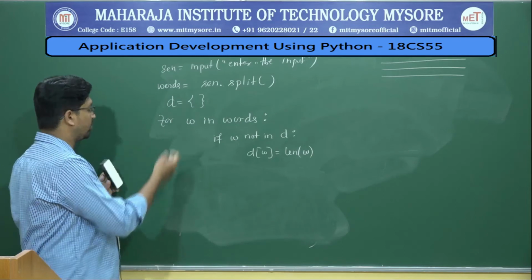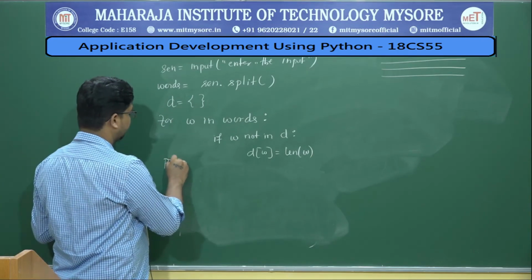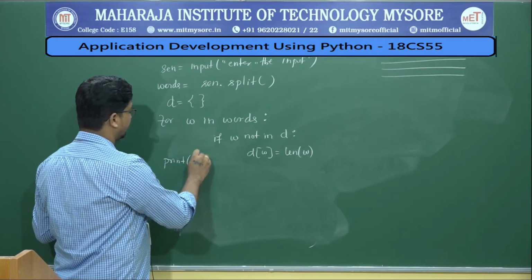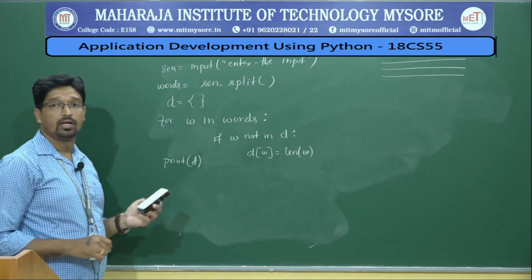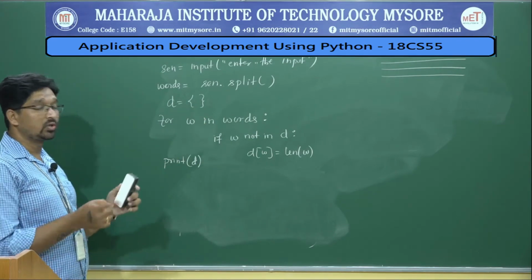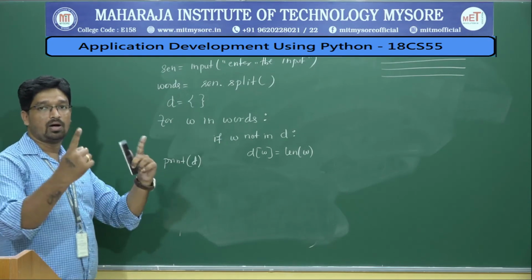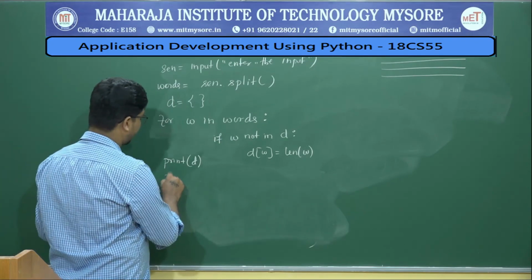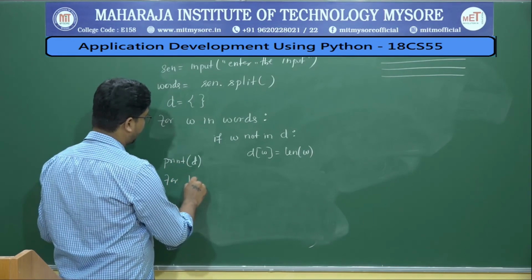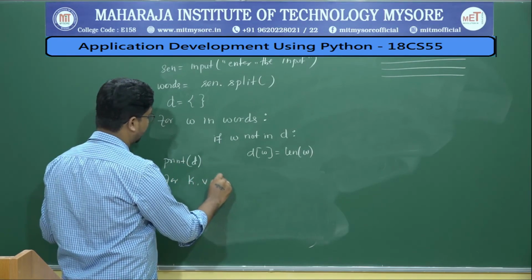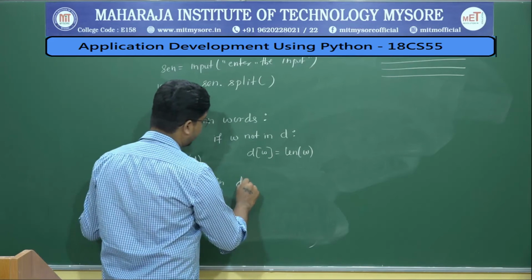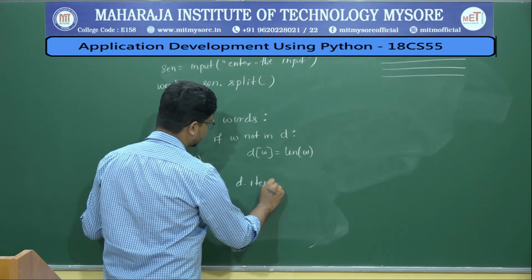Finally, if you want to print, you can print the dictionary, print of D. Next, as I told, you need to create a list of length comma value. For that, you will write a for loop, for k comma v in d dot items.